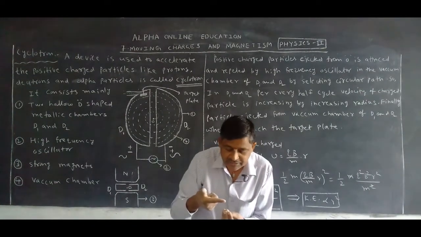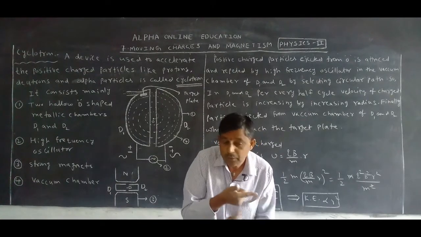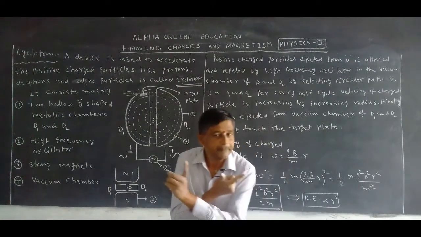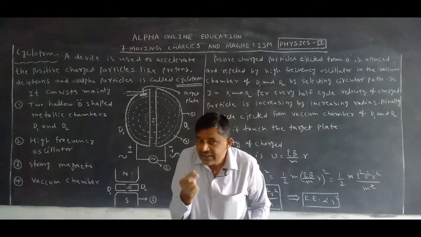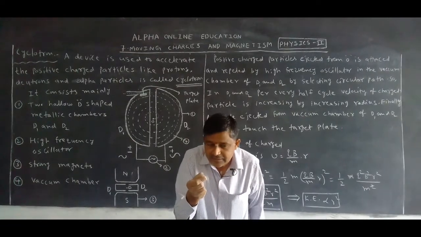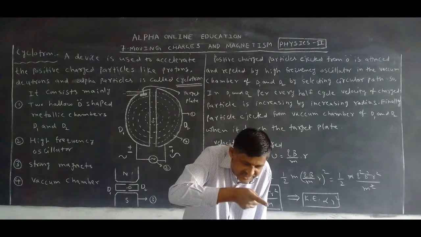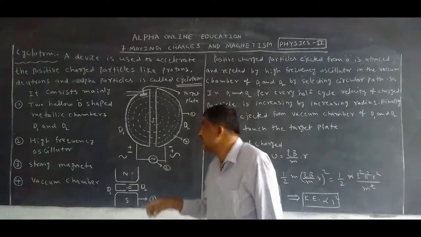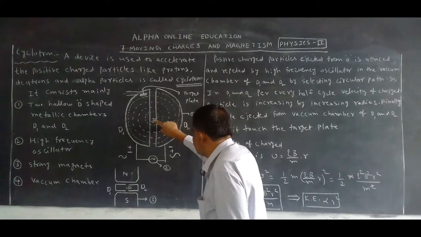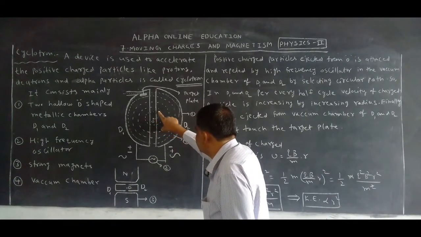When the charged particle moves towards D2 by attraction of D2 and repulsion of D1, velocity increases a little bit. Then after, it moves perpendicular to the magnetic field and selects the circular path.